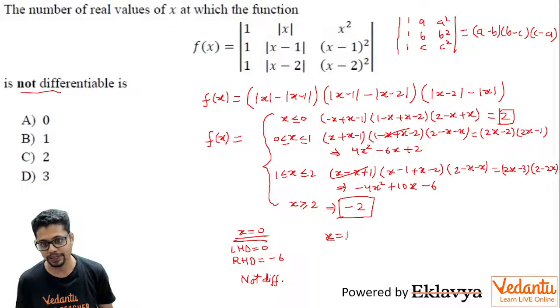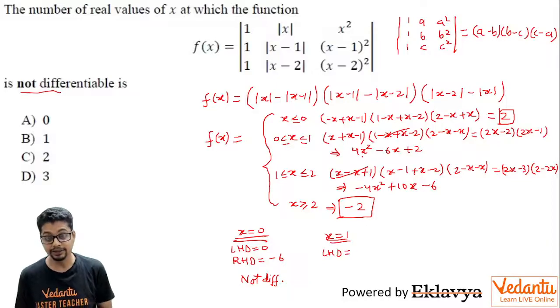So what about x equal to 1? What about the left hand derivative? Given that we have already ensured that at x equal to 0, 1 and 2, f of x is continuous, we are just directly differentiating the respective expressions of f of x to get the left hand derivative and right hand derivative.